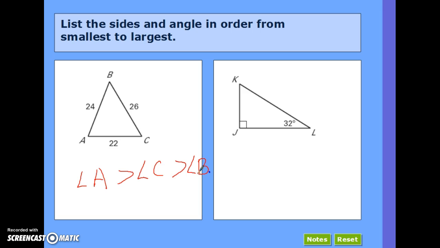And we can find angle K by using the angle sum theorem. Since this is a right triangle, we'll be adding angle K and 32 degrees equals 90. So we can find angle K equals 58 degrees.